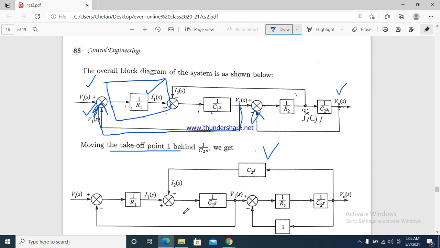Here they have shifted this takeoff point to here instead. In the previous problem we saw that whenever you move a takeoff point behind a block, you need to divide by that element, so 1 divided by 1 by C2 of S.